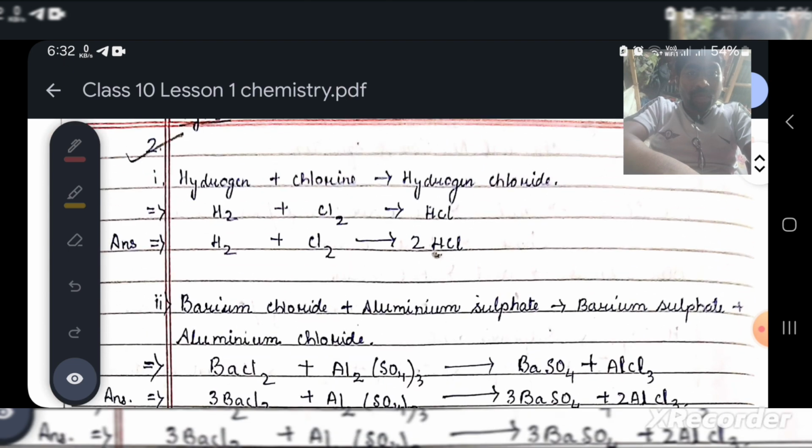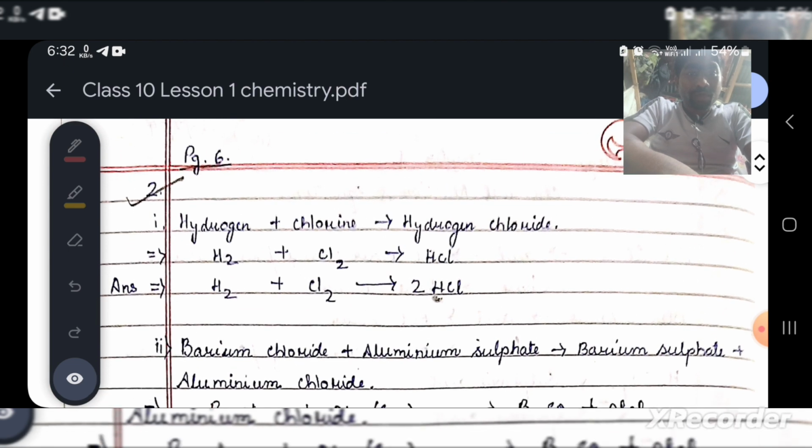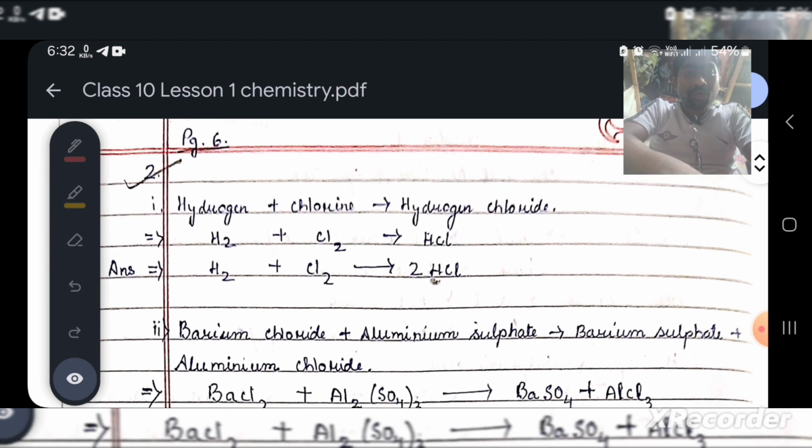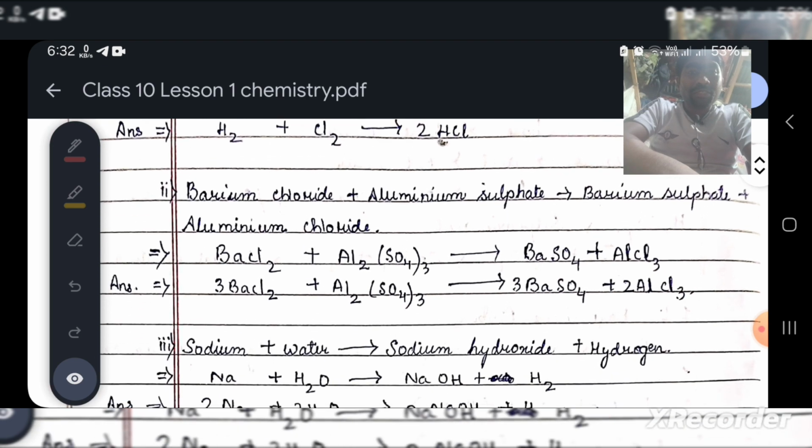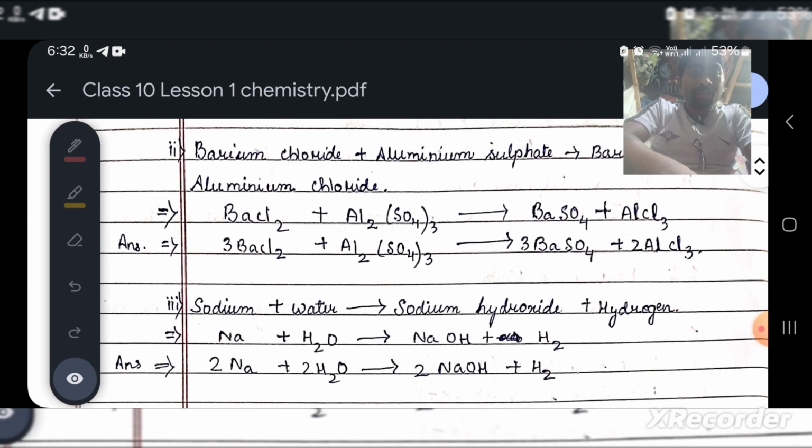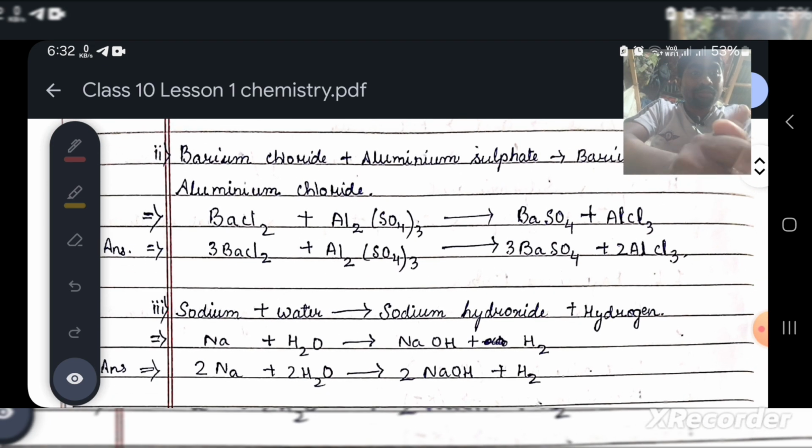I have done question number 1; page number 6, question number 2 is 1. You will try 2 and 3 on your own and you will understand better, and you can take a screenshot of this and try it.